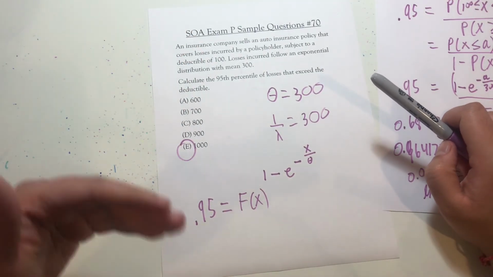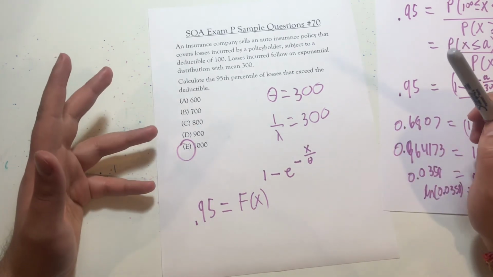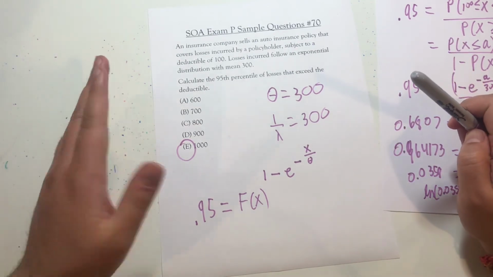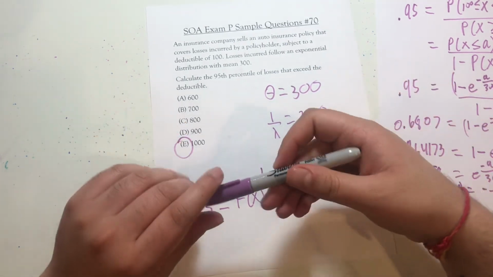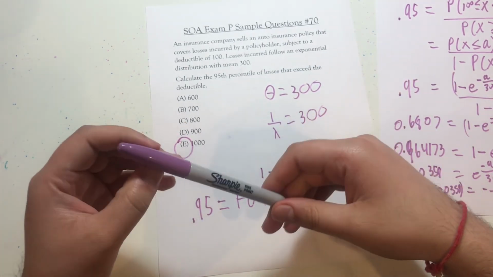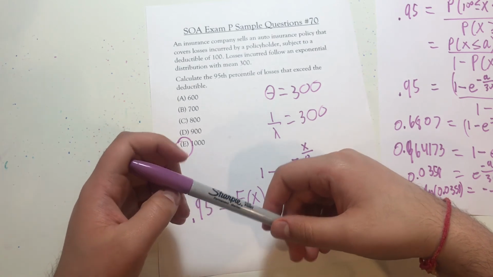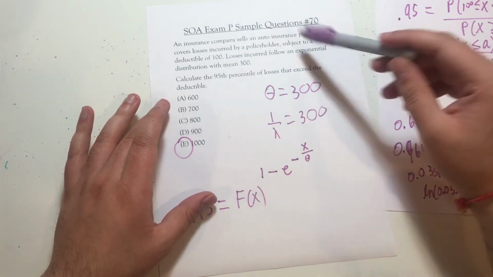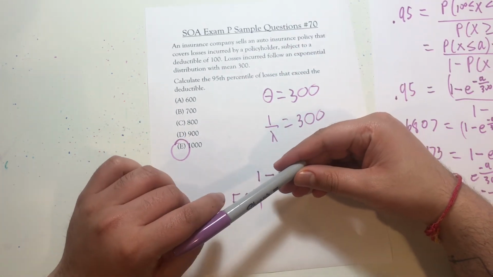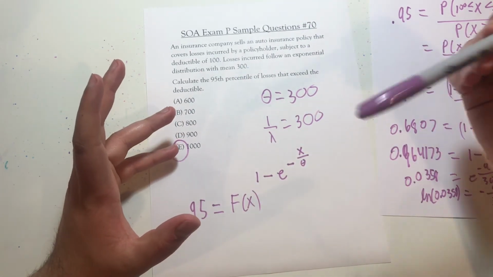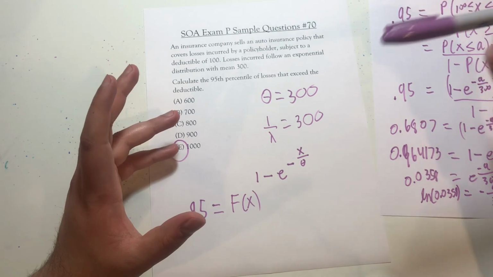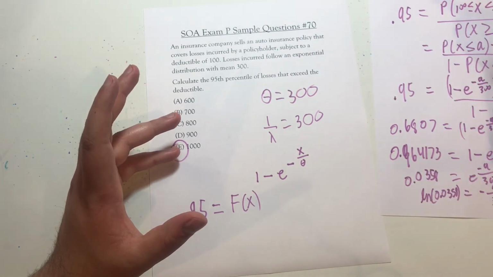Right? Even though it gives us a deductible and talks about, hey, you've got an insurance policy, it doesn't ask us to find information about the payment. It's the loss, which is why I'm able to use some rules with an exponential distribution, and it makes it a conditional probability problem. That's the key to solving this, identifying that, okay, conditional probability with an exponential distribution.